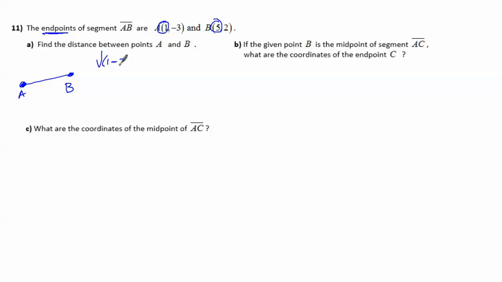1 minus 5 squared plus negative 3 minus 2 squared. That's going to be a negative 4 squared plus negative 5 squared.